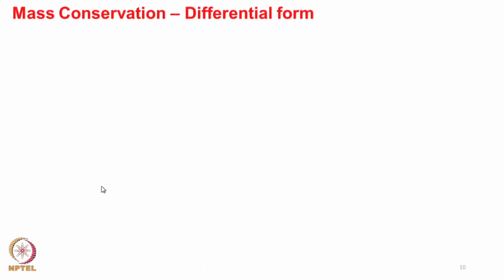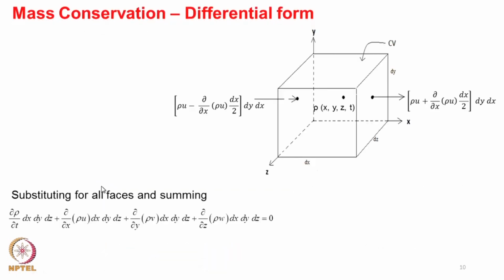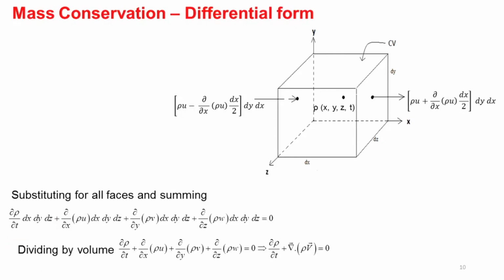So, if you do that arithmetic, substitute for all phases and sum them up, and divide by the volume dx, dy, dz, that term appearing in all the 3 terms of the spatial as well as the temporal, then you get dou rho by dou t plus dou by dou x of rho u plus dou by dou y of rho v plus dou by dou z of rho w.